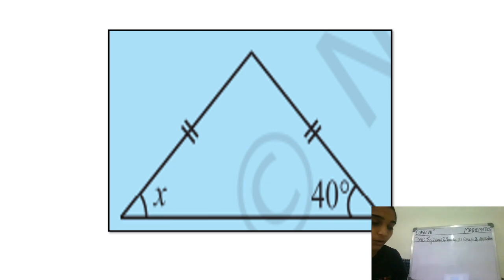Okay, students. So now what do you see on the screen? Yes, there are two equal sides given to us, and two angles are mentioned. One is x and one is 40 degrees. Very good, students.